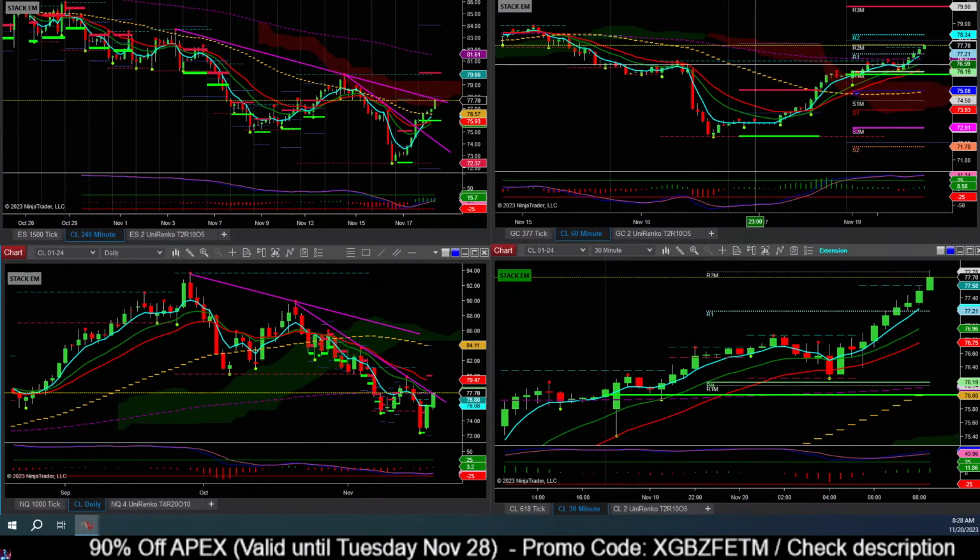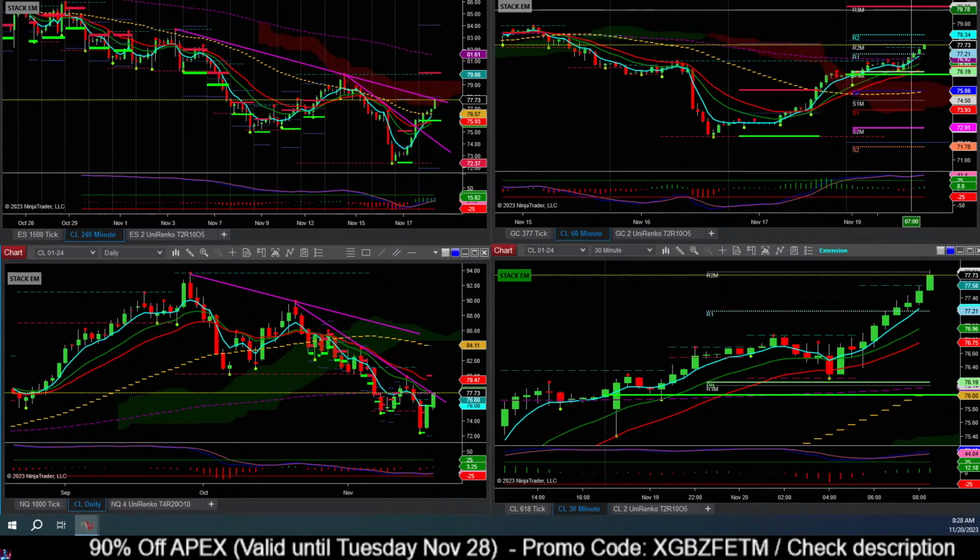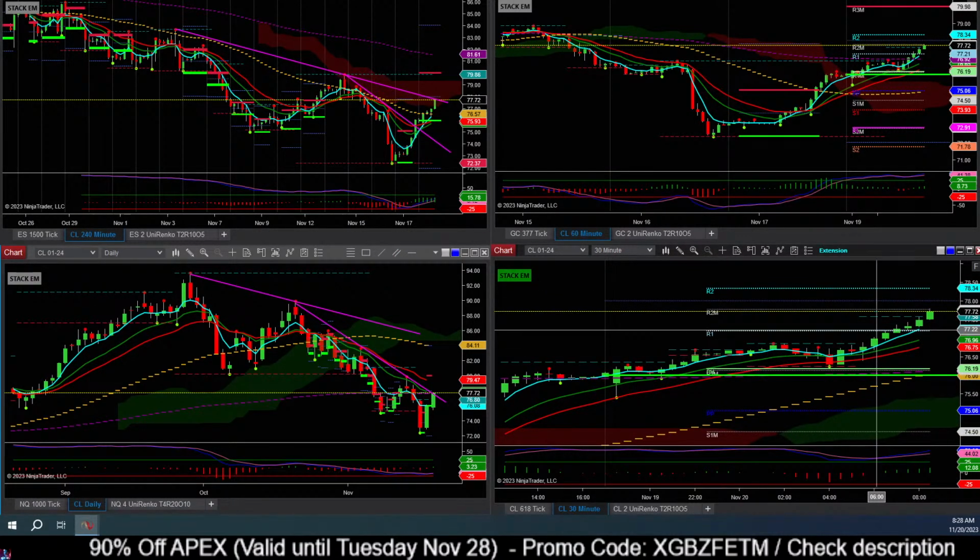Bullish in the 60 minutes, going to the resistance up here, and in the 30 minutes bullish as well. So moving nicely, a little bit extended already, so we would like to see a retracement and then a bounce to get an entry in the 30 minutes.